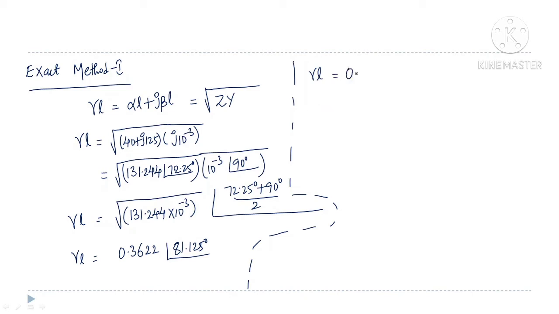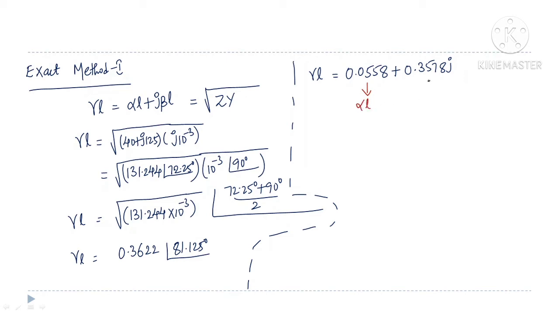let me write the real value. Real value is 0.0558 plus imaginary value is 0.3578 J. Now when you compare this gamma L with this value, in place of alpha L we have 0.0558.